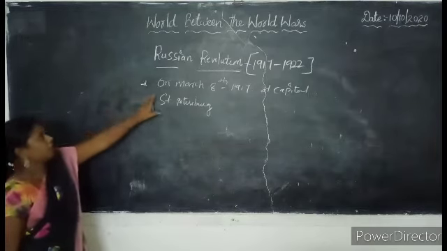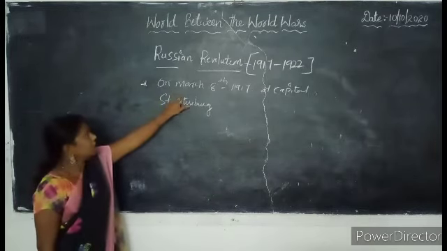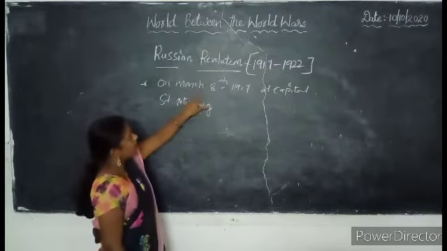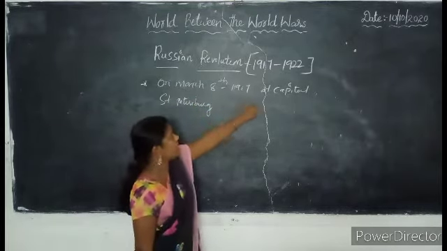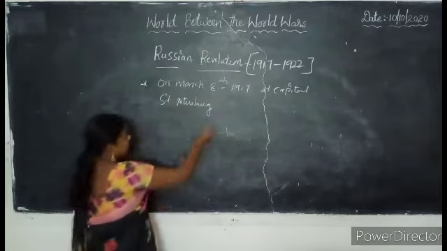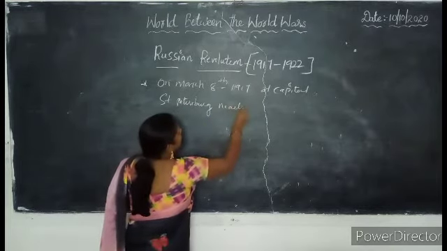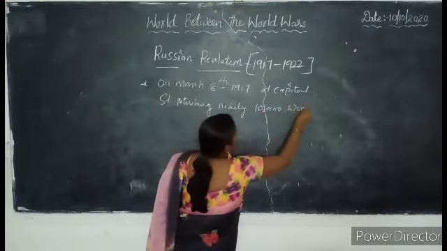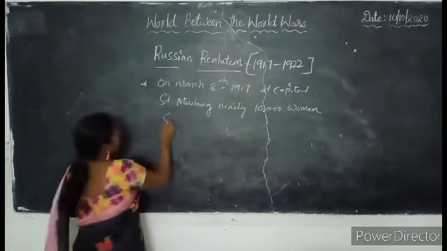Just remember it as March 8, International Women's Day. On March 8, 1917, at the capital St. Petersburg, nearly 10,000 women started a procession.